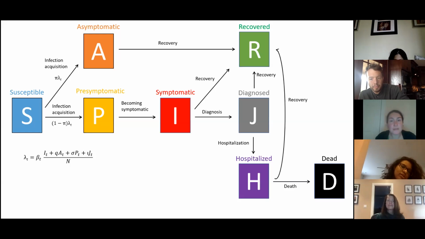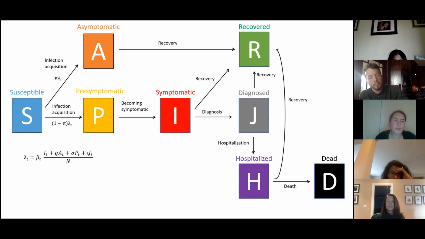And then the lambda is the infection acquisition parameter, which we specified as a function of this beta parameter, which is the effective contact rate, which reflects how frequently people are contacting each other in a population, and is obviously a huge driver of what we see in terms of transmission. So we have this beta parameter that can vary over time.